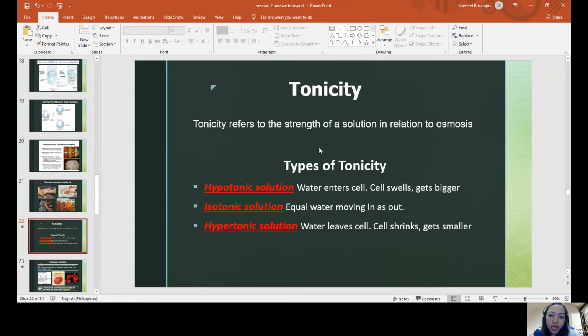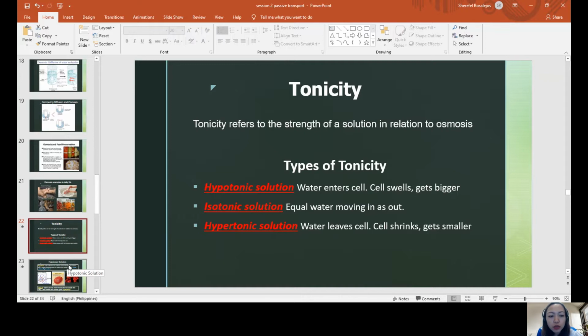We have to understand the different types of tonicity: hypotonic, isotonic, and hypertonic. I will explain these one by one, because this is of medical use.